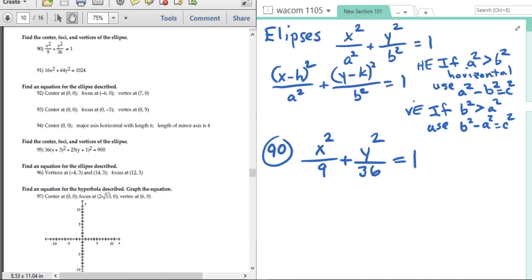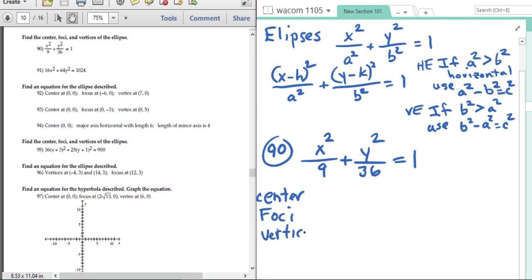All right, so our questions on this problem ask us to find these pieces. They're giving us the equation. They want us to find the center, the foci, both of them, and the vertices of the ellipse.